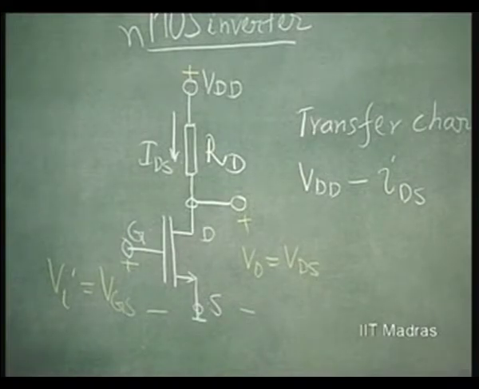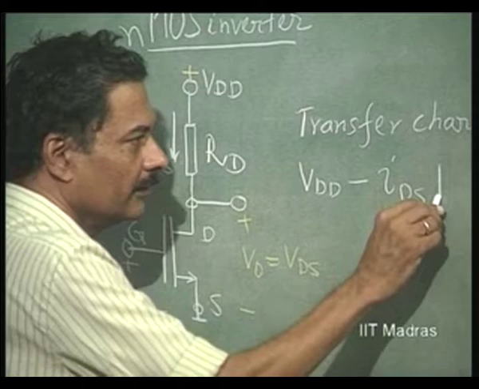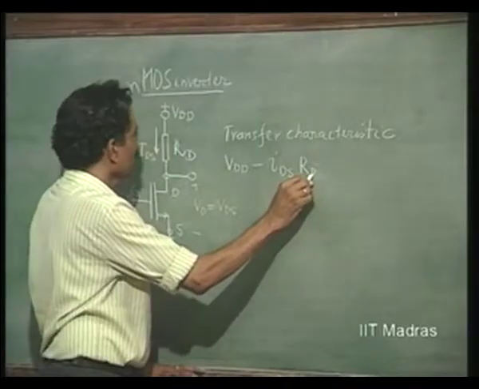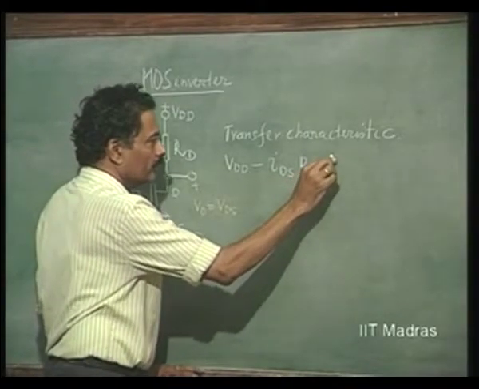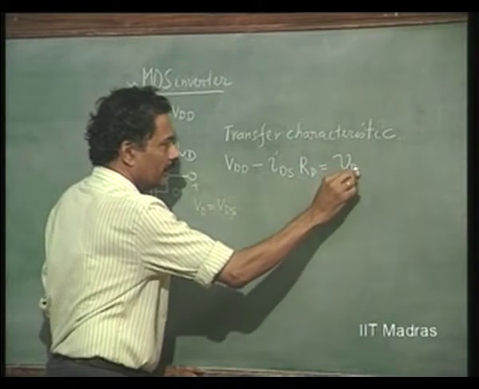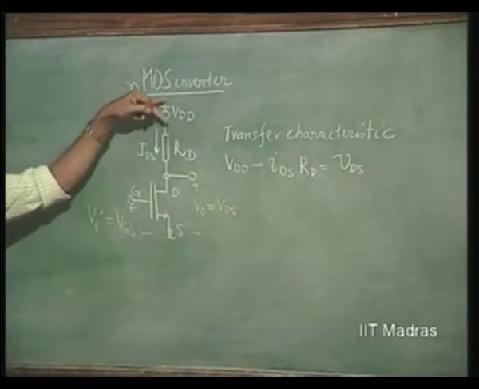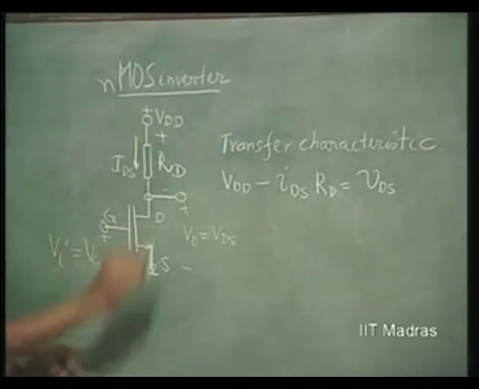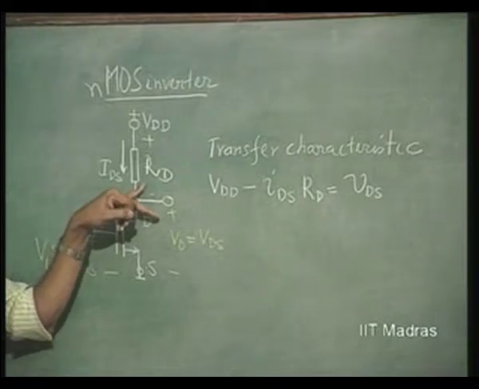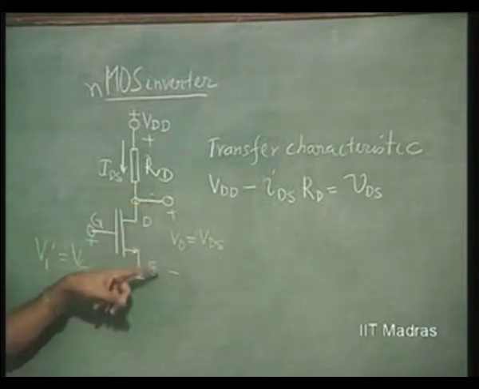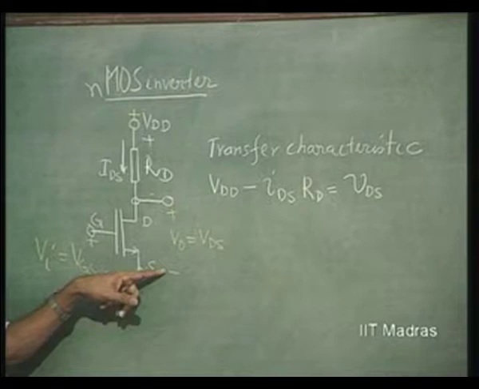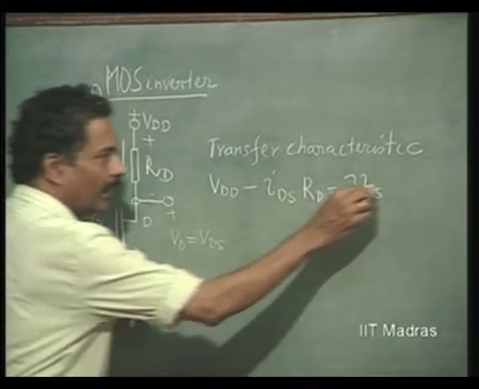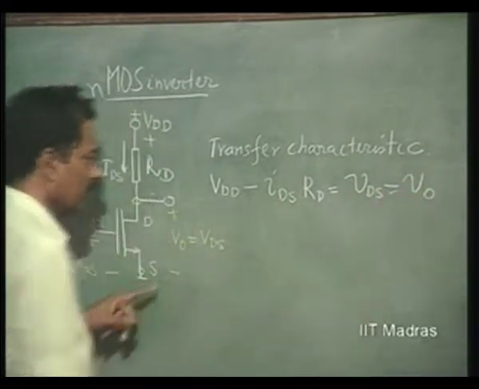It is time varying, it will contain DC as well as AC. IDS into RD equal to VDD minus the drop here, which is IDS into RD, is the voltage which is VDS, which we will be calling as output voltage.